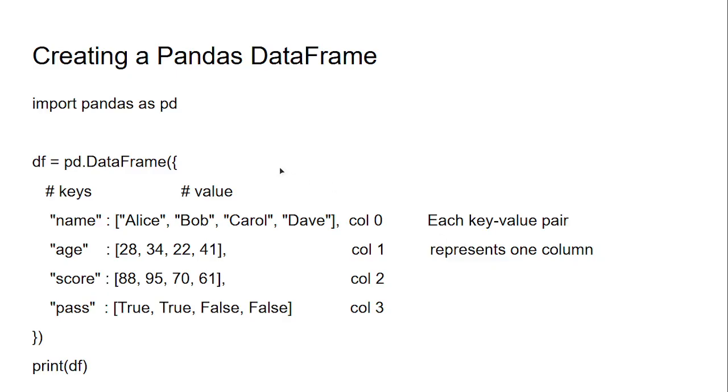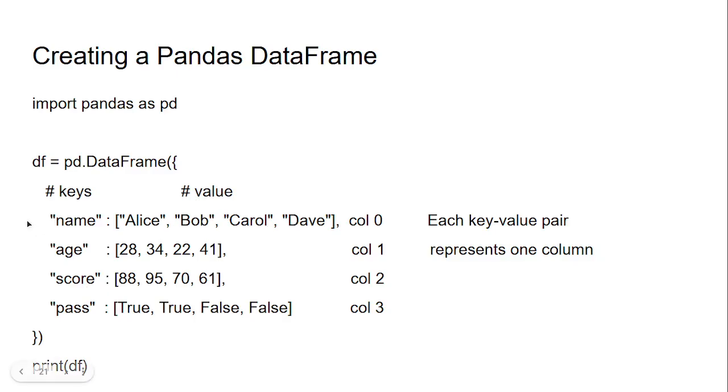When we want to create a pandas DataFrame, we import pandas as pd, and the DataFrame function is used, where it accepts a dictionary. So the keys are the column names, and the values are the data that will be given to each column.